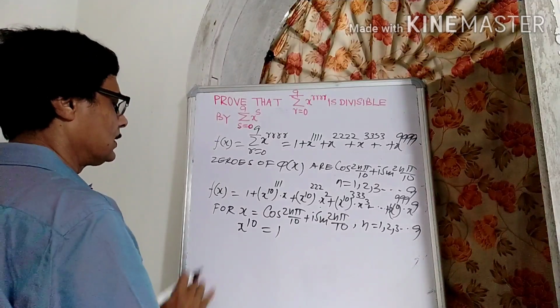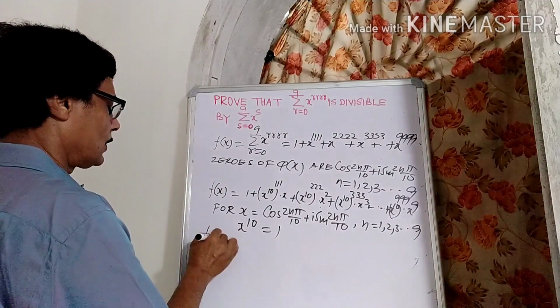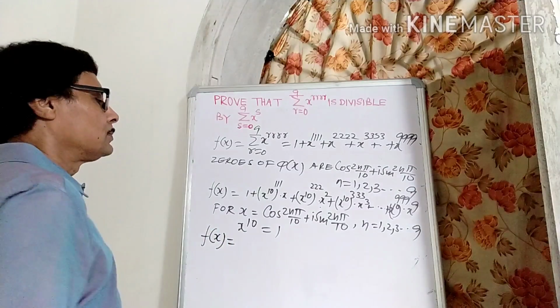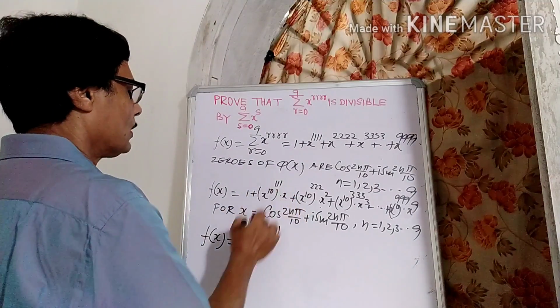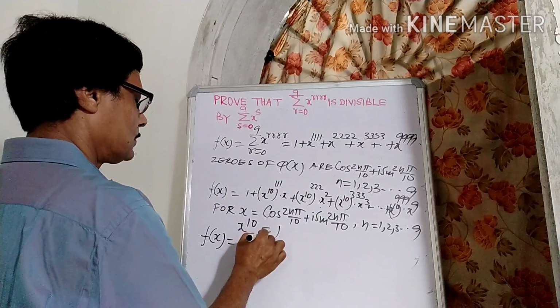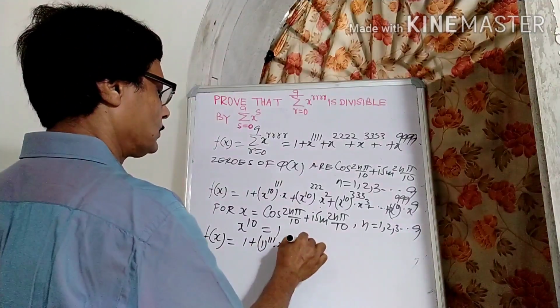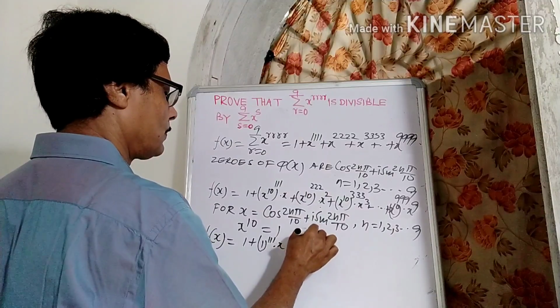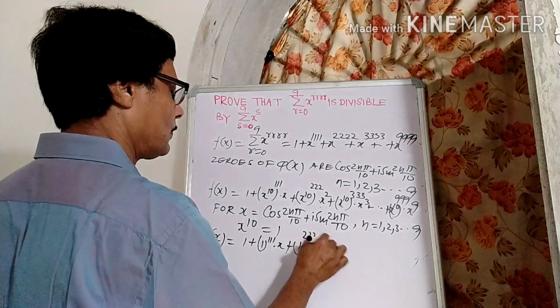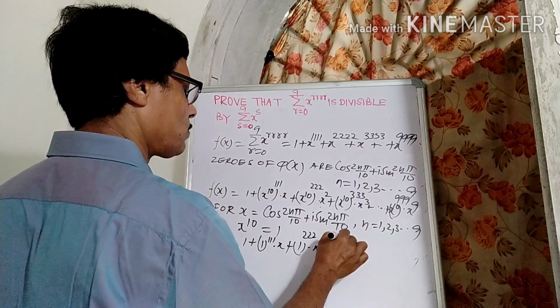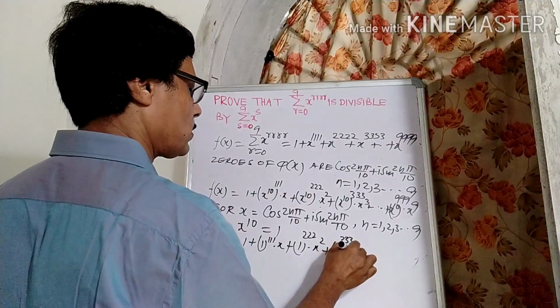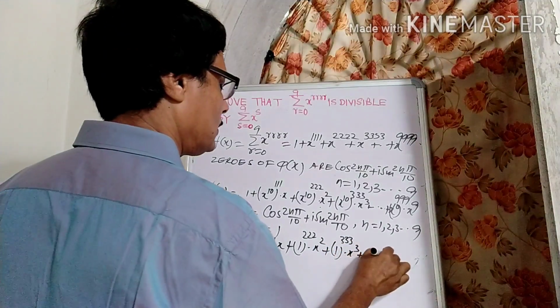So f(x) equal to 1 plus 1 to the power dot dot.